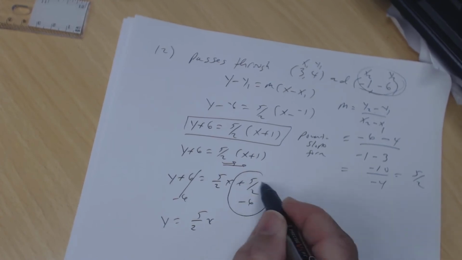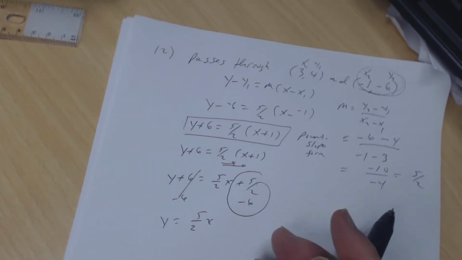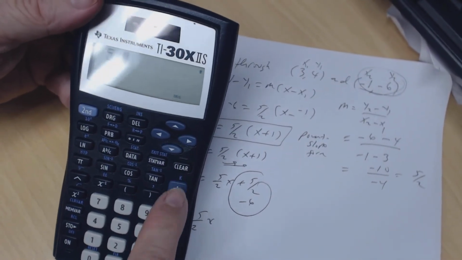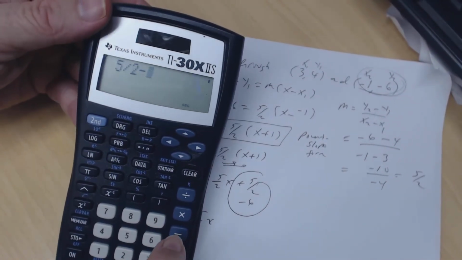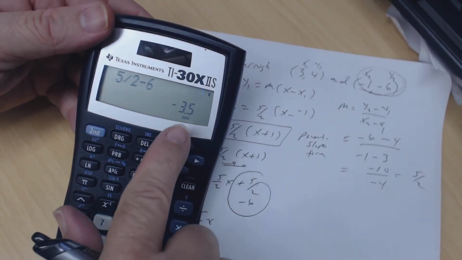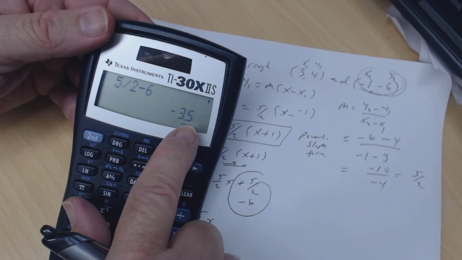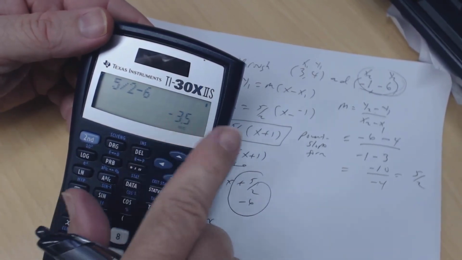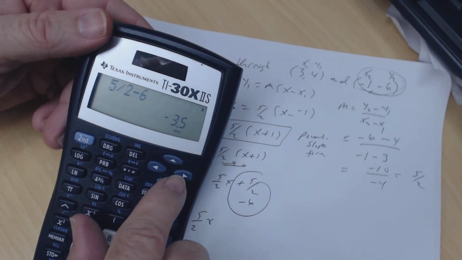Now let's figure out what this is. On your calculator, you're going to say 5 halves, subtract 6. So 5 divided by 2, subtract 6, gives us -3.5. That should be easy to see, and you can convert it to a mixed number, and you can always convert it back to an improper fraction.